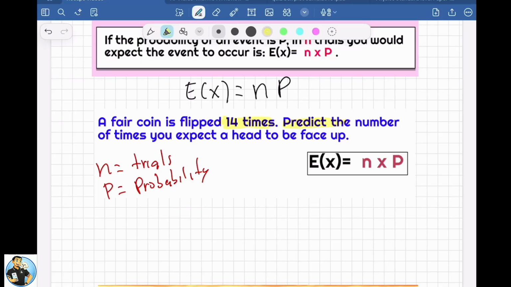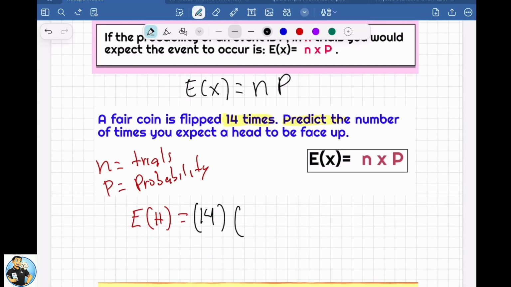Then if we want to use the new equation, we have the expected value of the event getting heads. So n is the number of trials that we are going to perform theoretically in this experiment. So this is 14 times the probability of getting heads.